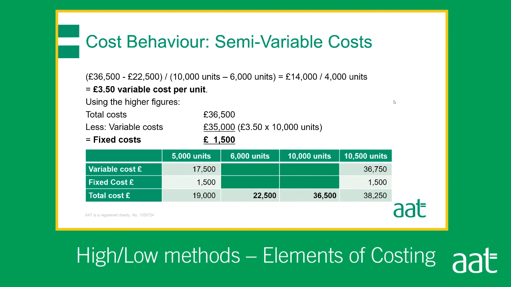Number of units times variable cost per unit, so we've got total cost £19,000 at 5,000 units and £38,250 at 10,500 units. Well done if you got all of those figures correct as well. We've got quite a few of those come through, so well done, everyone.